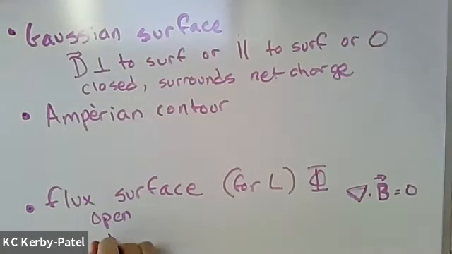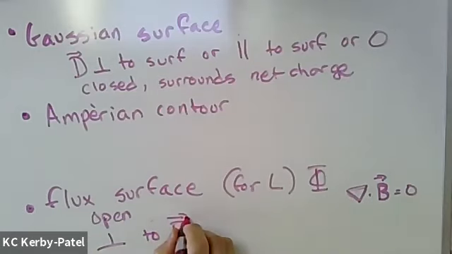But it should be perpendicular to B. For some reason, I thought it was parallel to the dA. I need a little bit more specificity there. Are you saying that you thought the magnetic field for a flux surface should be parallel to the differential area?